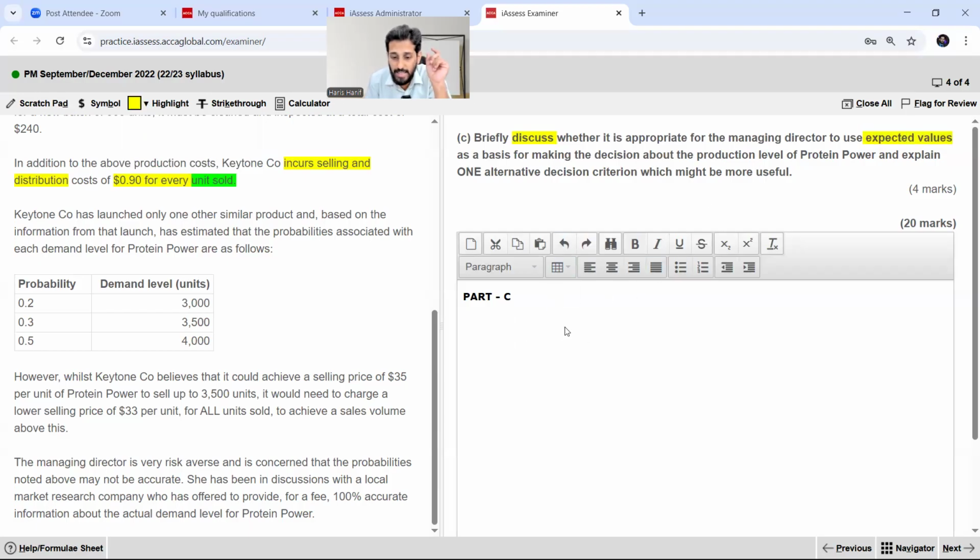The question has a connection between risk averse and expected values, that is, the managing director. So you have to write about both of these, the managing director and the expected values.